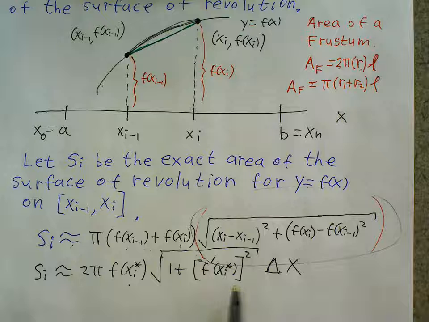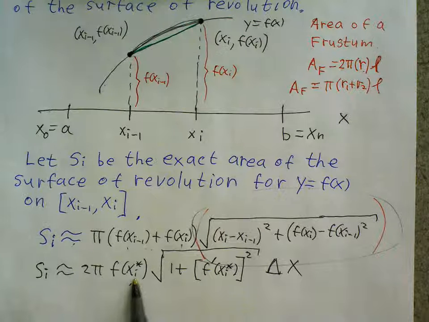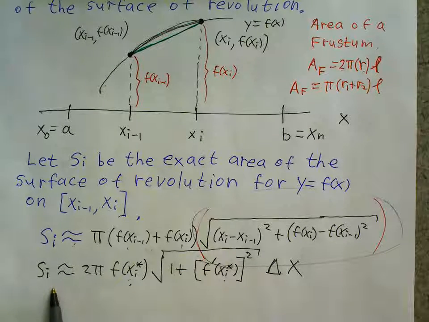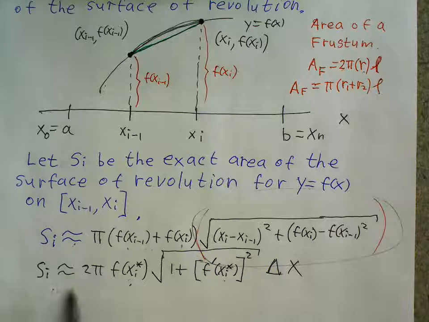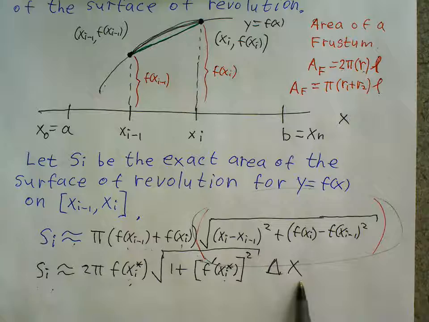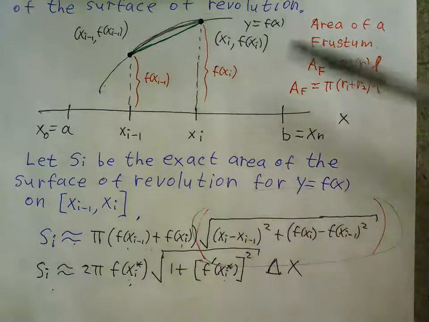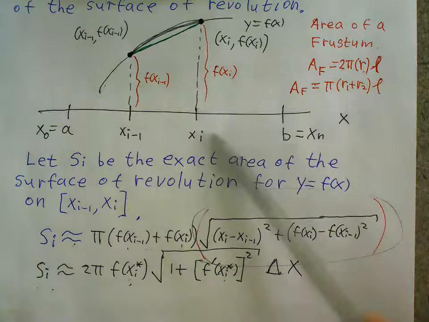So for intervals that are small, these two numbers, x sub i star, are approximately the same. So there's no harm in referring to them as the same point because the intervals are so small. Okay, so this is an approximation of the surface area that we get by rotating y equals f of x about the x-axis on this interval.